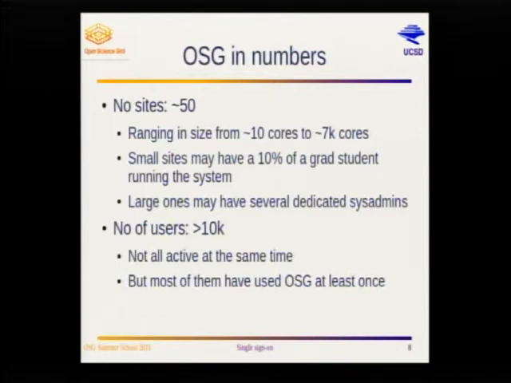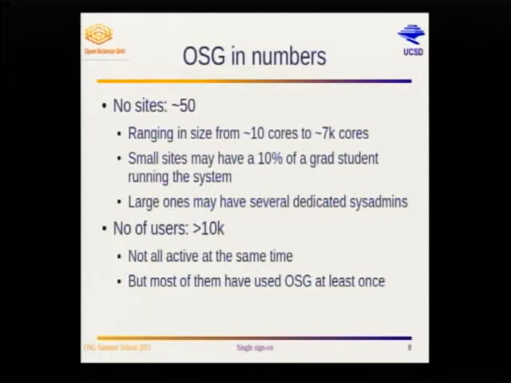Just some numbers. The number of sites on OSG is around 50, plus minus 10, more on the plus side than on the minus. The sites range from really tiny, small clusters of about 10 nodes, not cores, to the biggest ones that are approaching 10,000 cores. So you see the range is really huge. And the amount of manpower behind those sites is also very different.